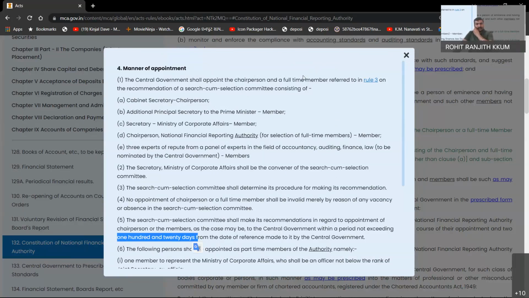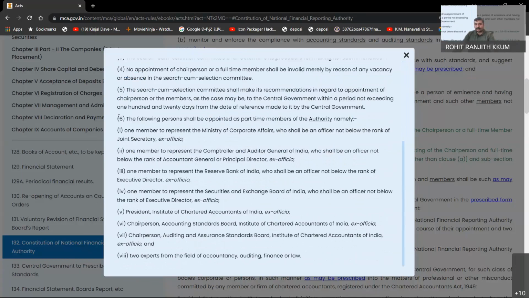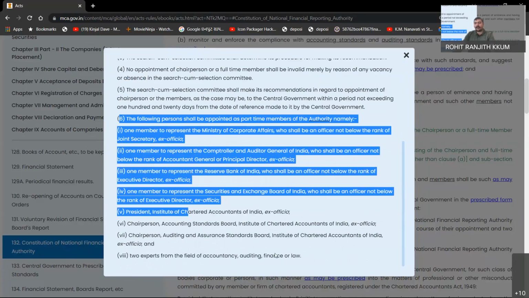Now, if you look at this rule number 4, there are 2 questions, but I don't think this much far ICAI can go. Question number 1, composition of search and selection committee. So this is the composition of search and selection committee. And if you look at this particular answer, this is the composition of NFRA.